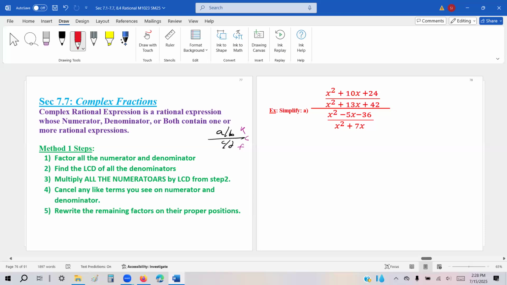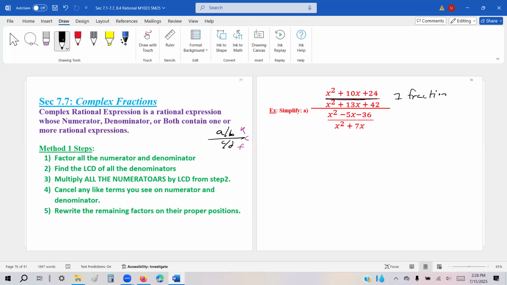Example 1. Which type? One fraction over one fraction or multiple fraction over multiple fraction? It looks like multiple fractions. But how many division signs do you have on the numerator? 1. So it means you have only one fraction, because even though you have multiple terms, how many division signs? One.